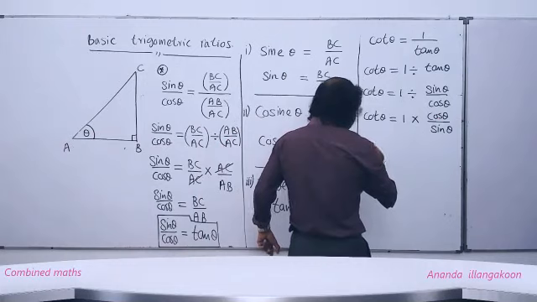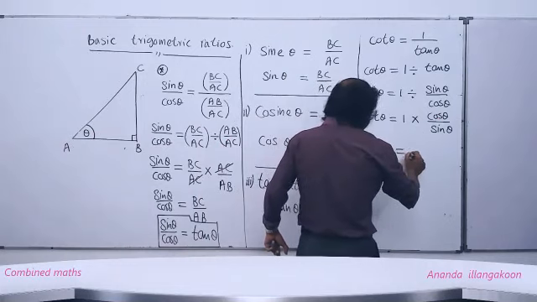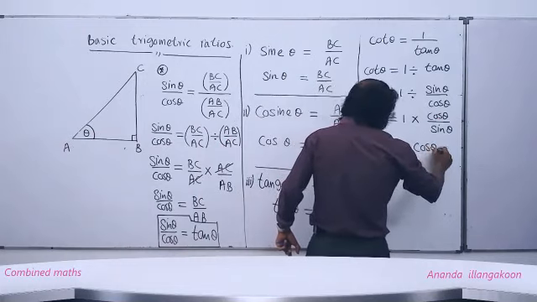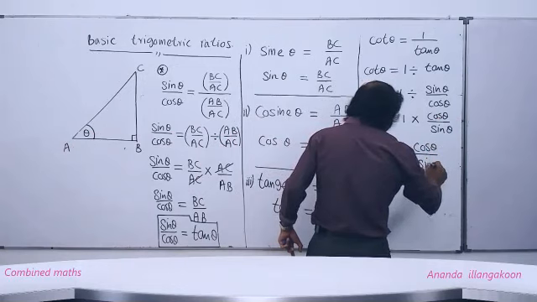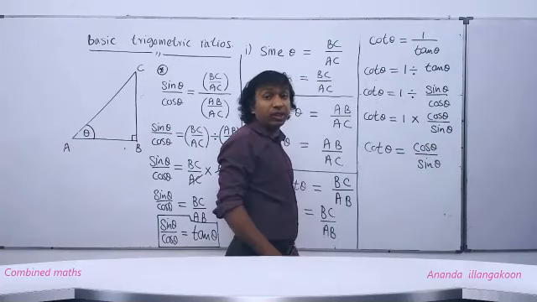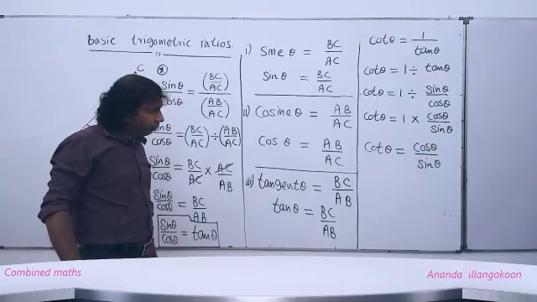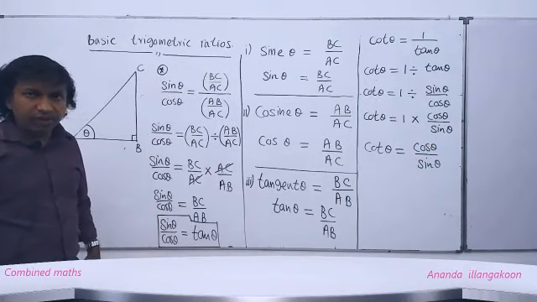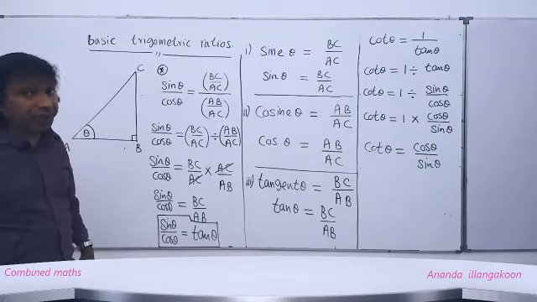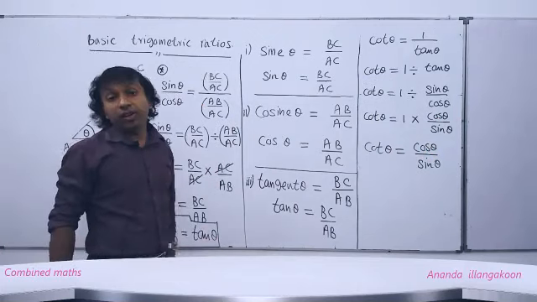Then we can write cot theta equals cos theta divided by sin theta. Then cot theta you can write as cos theta divided by sin theta, right? Or cos theta divided by sin theta we can write as cot theta.